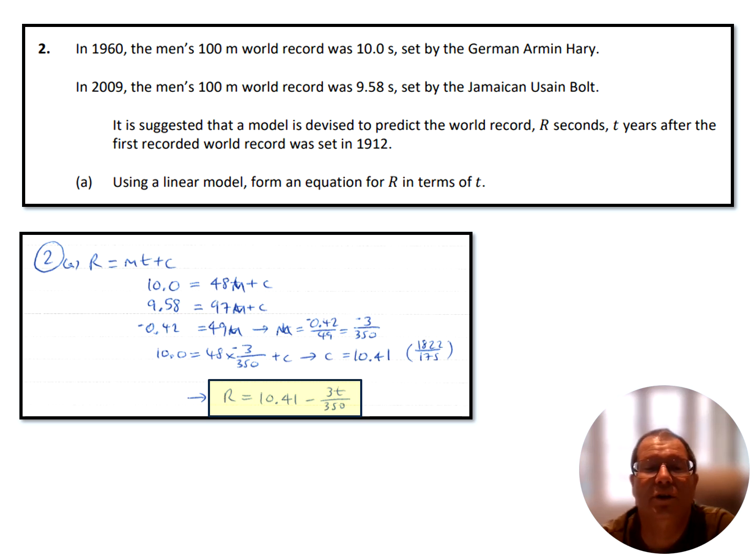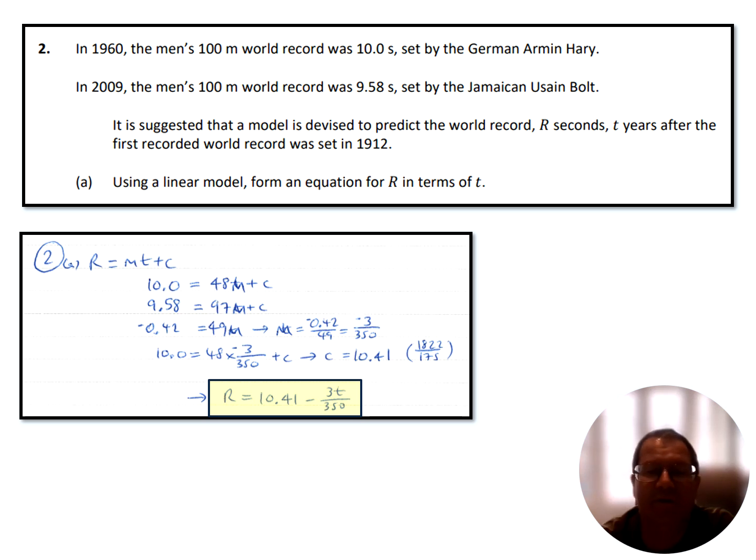They haven't told us how to write the model. Before we had h equals mt plus c, and if we wish we can do the same thing here with r equals mt plus c, but they've given us free range. We could use different variables from m and c if we wished. Substituting in our information, r is 10.0 where t is 1960, and r is 9.58 when t is 2009.